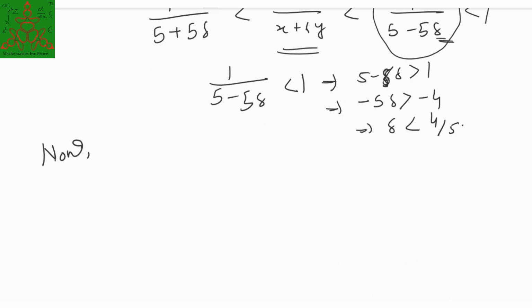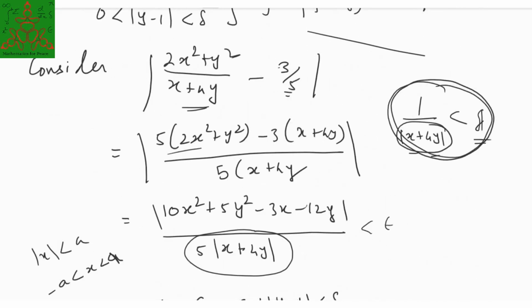Now, as we have converted this expression into this form, I can write this as less than 1 by 5 times, this 5 is already there, and this quantity, 1 upon x plus 4y, I can say that it will be less than 1.